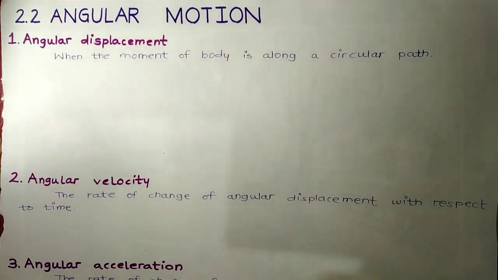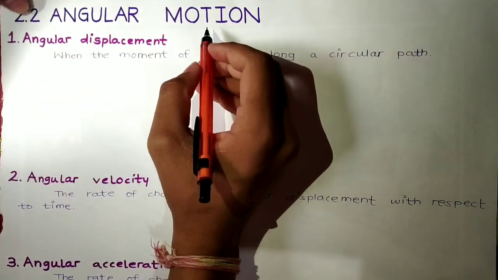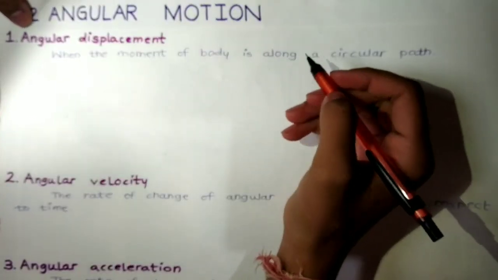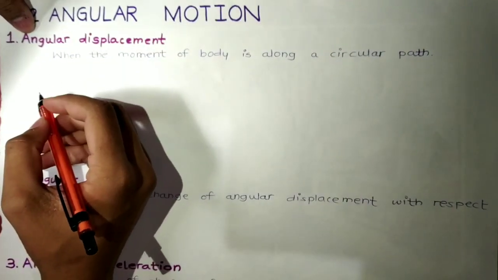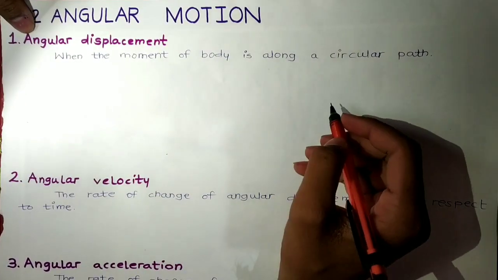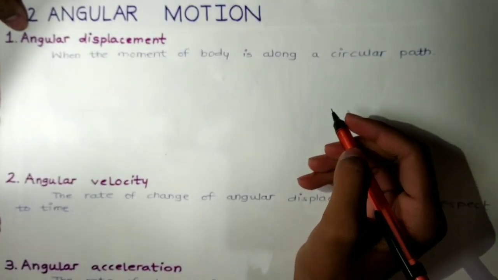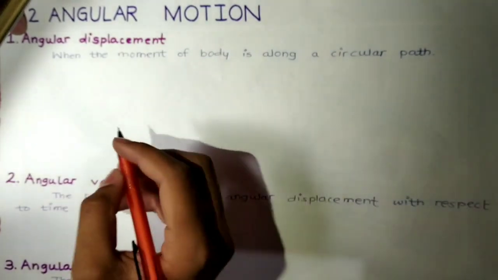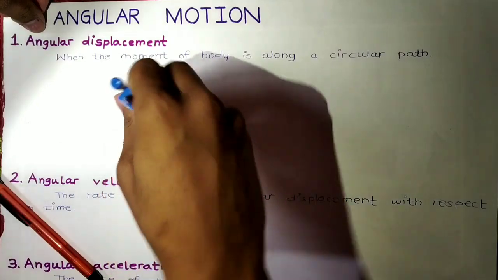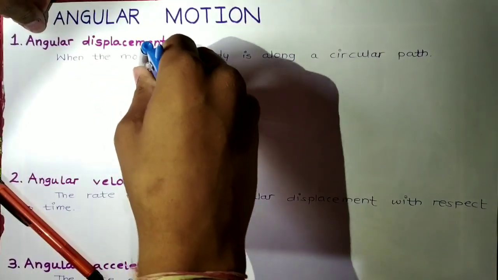After linear motion, we come to the next topic, angular motion. Angular motion is the motion of a body along an angular direction. In that, first, angular displacement. When the movement of a body is along a circular path, it is called angular displacement. For angular displacement, we draw one diagram here. Look here, it is a circle.